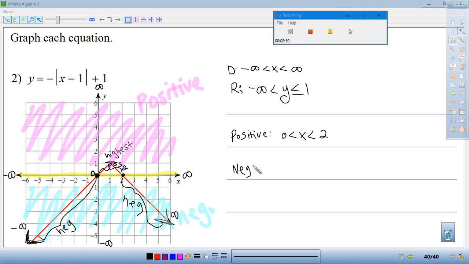Now when I talk about negative values, the negative interval, my first interval starts at negative infinity. And it keeps being negative. So from negative infinity, as I go to the right, it keeps being negative until the x value of 0. I can write the word "and." I'm combining two intervals. There are two different intervals. So I can either write a word, or there's this thing called a union symbol.